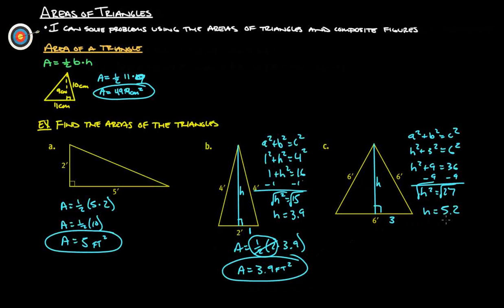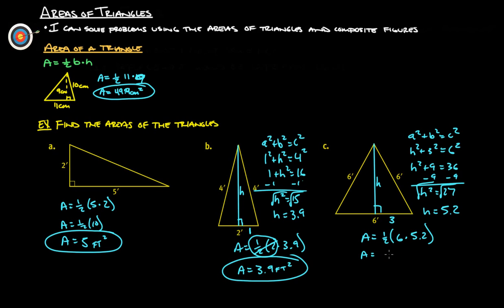Okay, so now that we know the height is 5.2, we plug this into our area formula. The base here is 6. We do 1/2 of 6 times the height, which is 5.2. I'm going to show you a little bit easier way to do this.